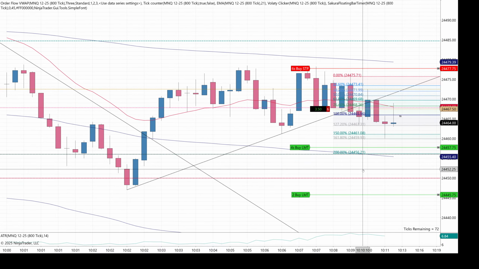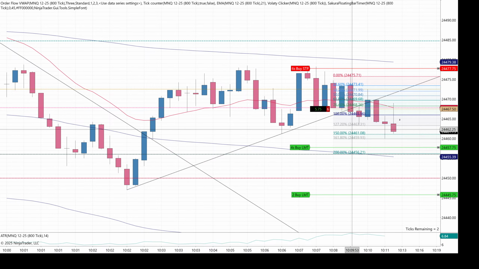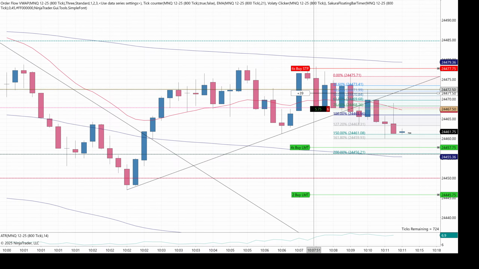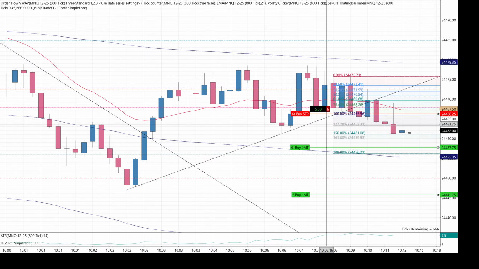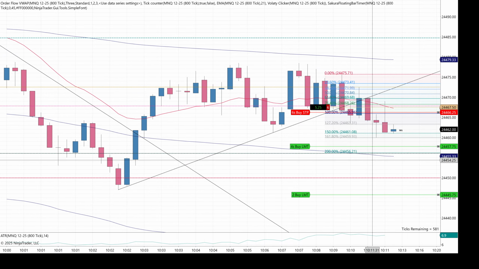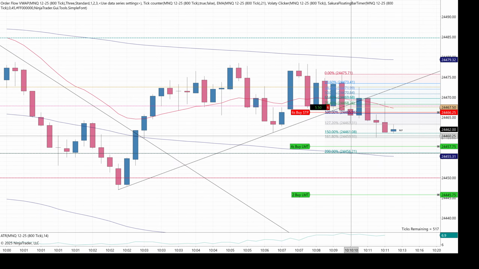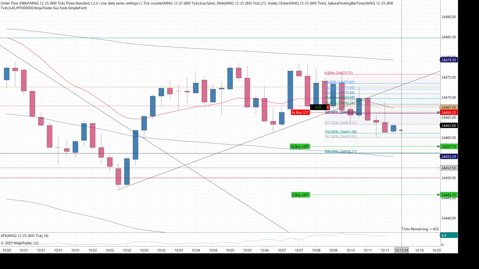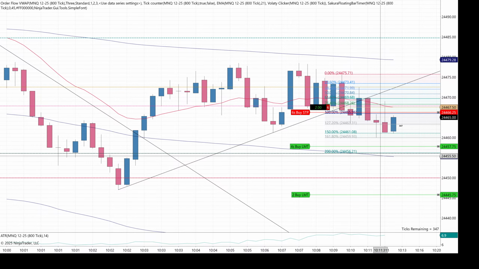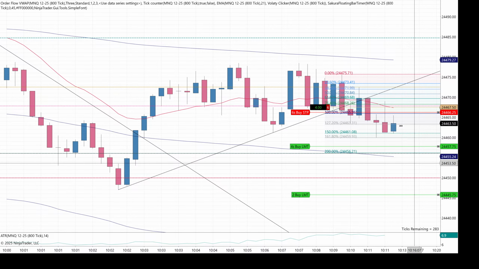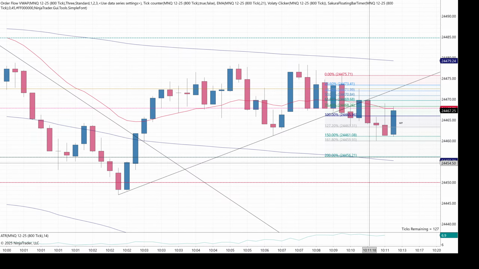Our bearish move is intact. Move this to break even here. See if we can get down to the actual target. Trying to give it room. Doesn't want to work. Okay.